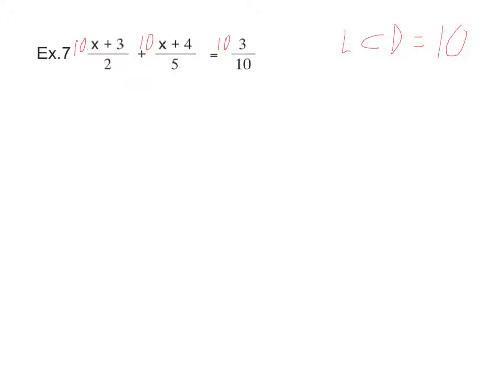Just like before, some cancellations should occur. 10 goes into 2 5 times. 5 goes into 10 twice. And 10 goes into 10 once.